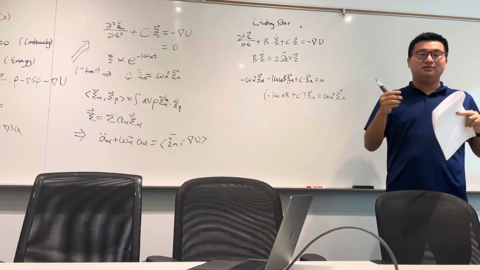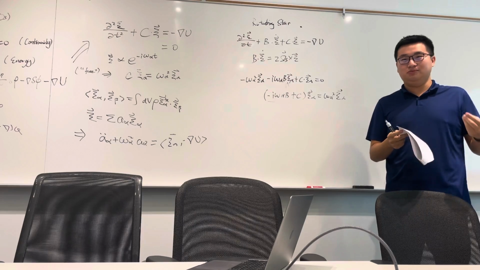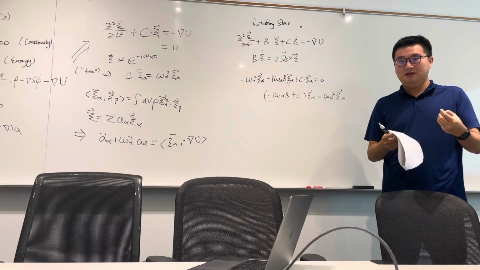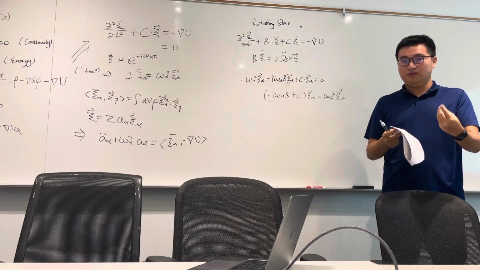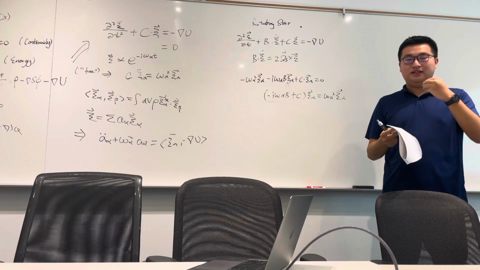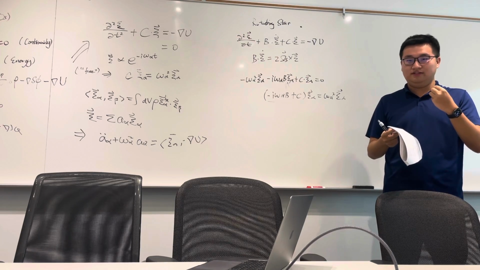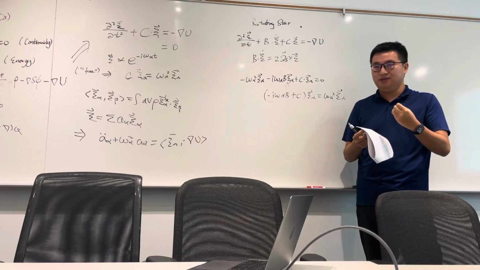Remember that in classical mechanics, the Newtonian equation of motion is second order, but it has an equivalent formulation that only involves first order derivatives. And what is that equation?